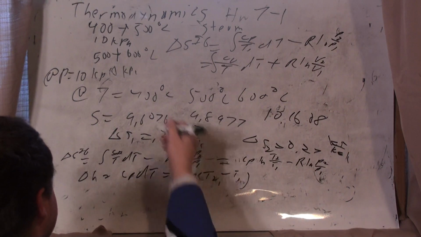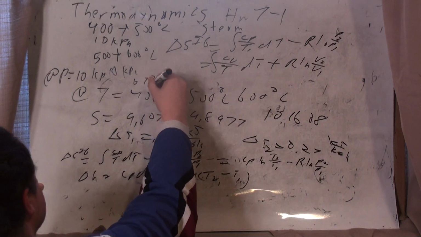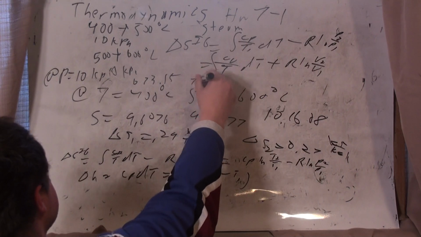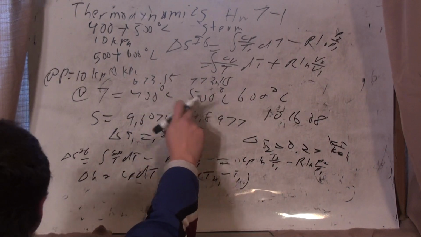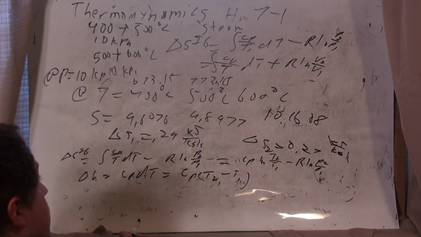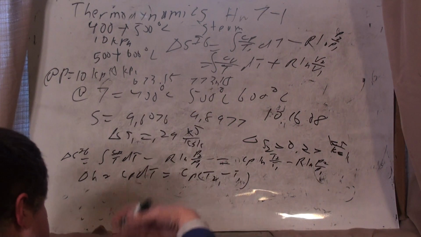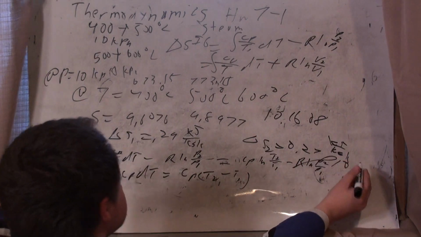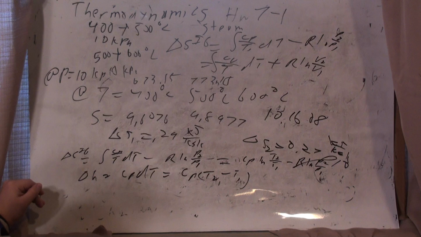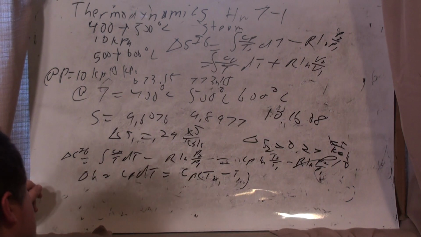But more importantly, 673.15, 773.15, the ratio between this one and this one is not the same as this one and this one. Okay, and so the math becomes different. Now this one's going to go to 0 because the pressure's the same. Okay, and it's going to go to 0 actually in both cases.